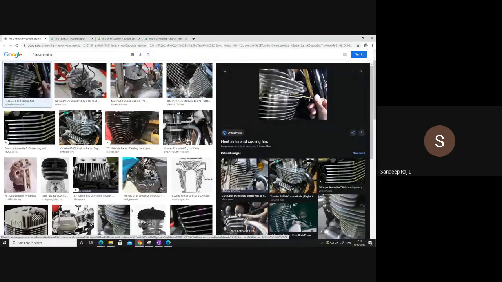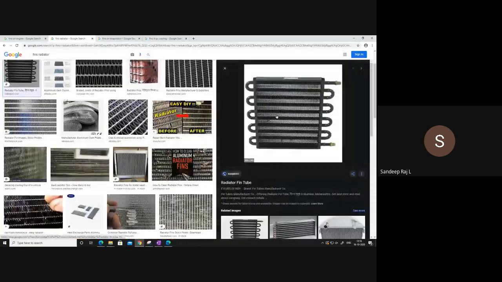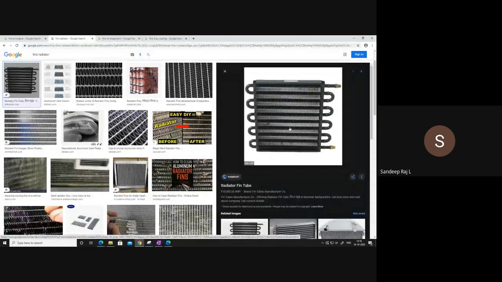Because you wanted to take out the heat that is present inside, and that is the reason why people have placed these fins over here. This is one important application of these fins. You must have seen this radiator. In this radiator, so many fins will be placed here, and that will increase the surface area of this tube.